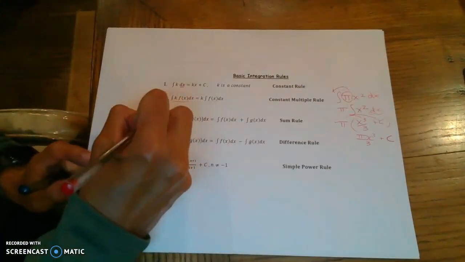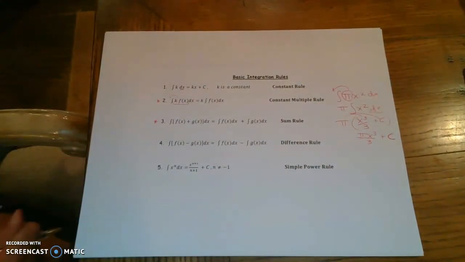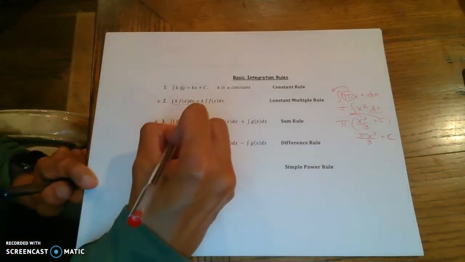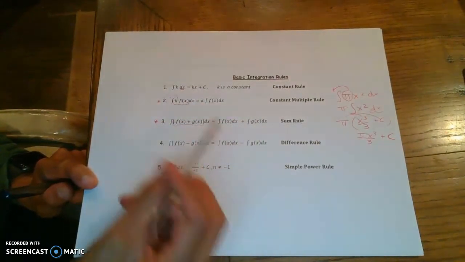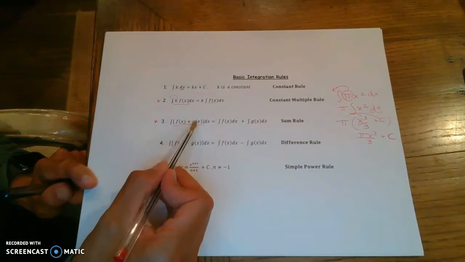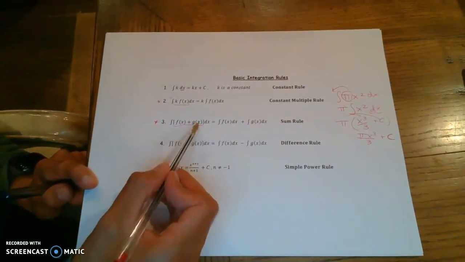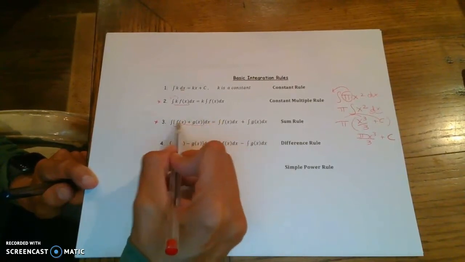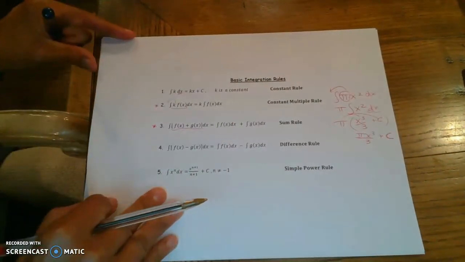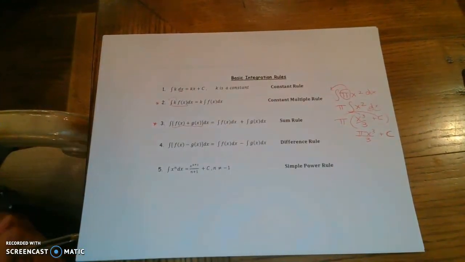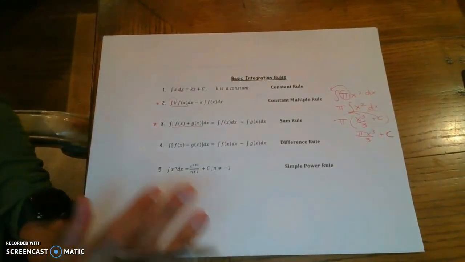Okay, the third one we also did, but you probably had no idea we were doing it. If you see the integral of some polynomial of many terms, you're integrating each term one at a time. So this is just saying, listen, you can separate this problem, and you wouldn't unless it became like some trig problems. You'll see next year that there's certain rules.